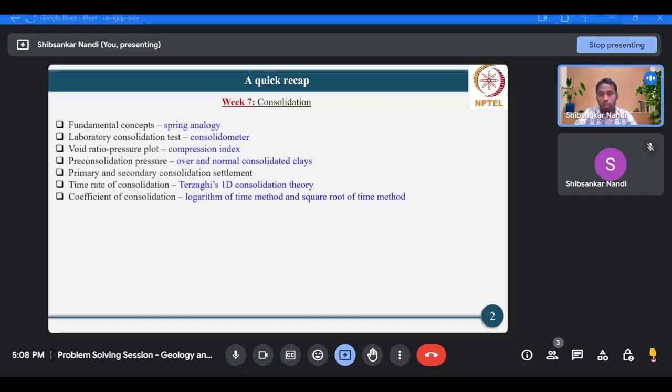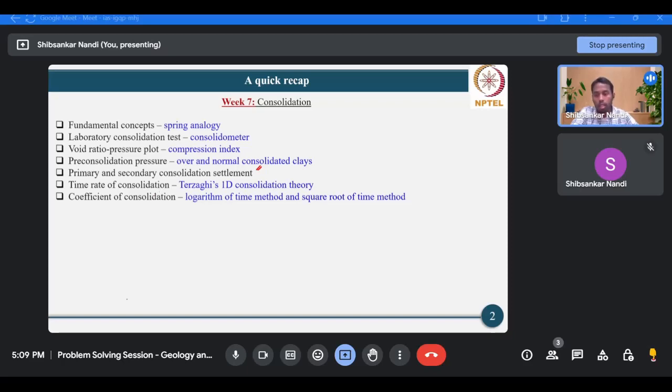Now in this week, we will be trying to solve a few problems concerning, we can say, up to the primary consolidation settlement. Regarding time rate of consolidation and coefficient of consolidation, we will devote the next week.